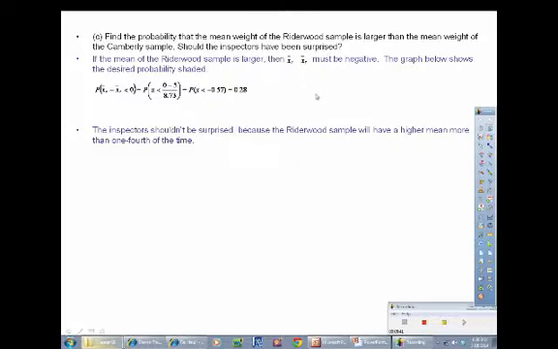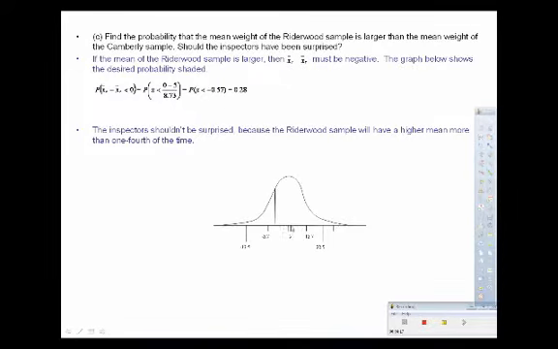If the mean of the Ryder sample is larger, then x bar C minus x bar R is negative. The graph below shows the probability of this happening, and this should be shaded in here. I just can't shade it on my computer.